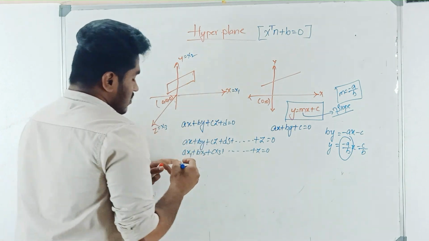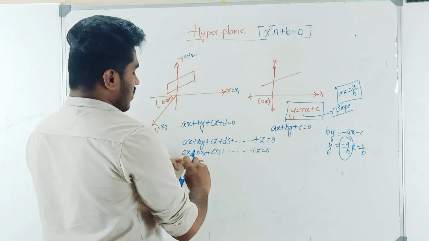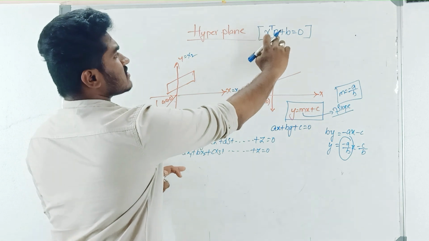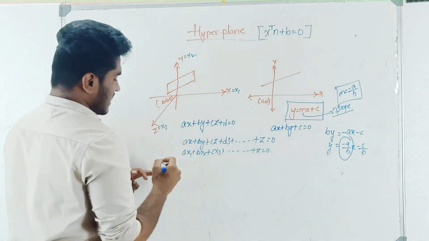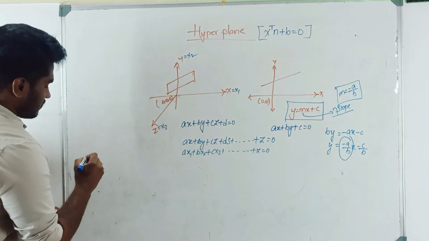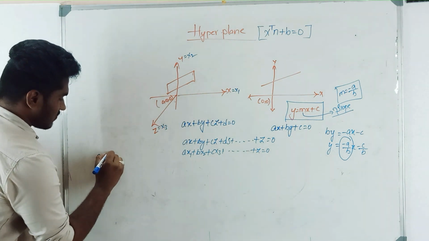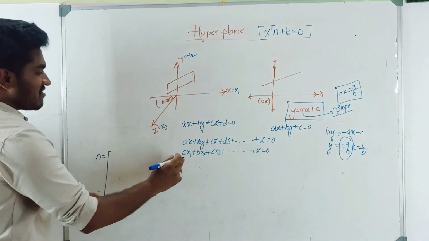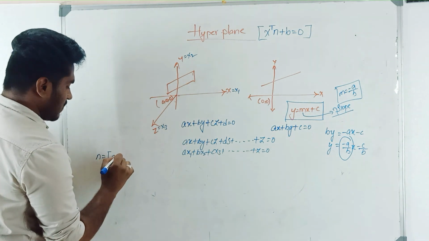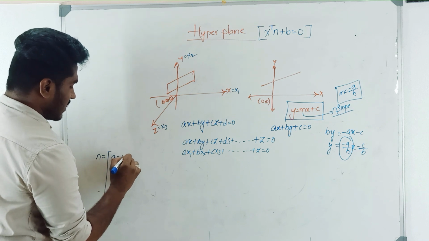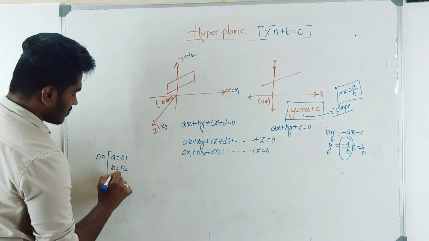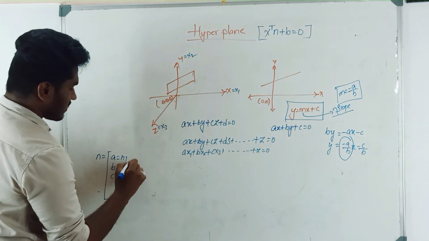So I am taking these variables as a vector n which is having all these values. I am replacing a as n1, b as n2, c as n3, likewise.